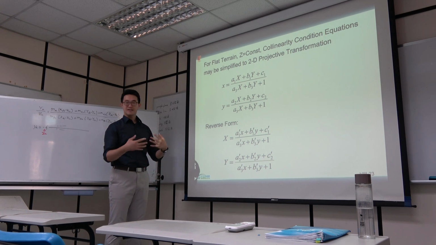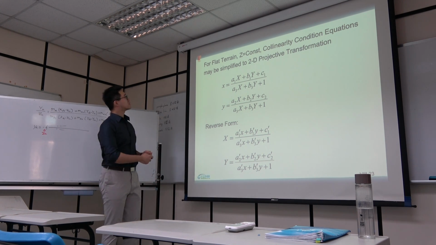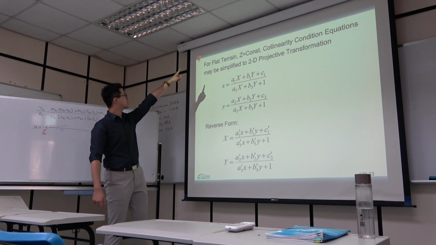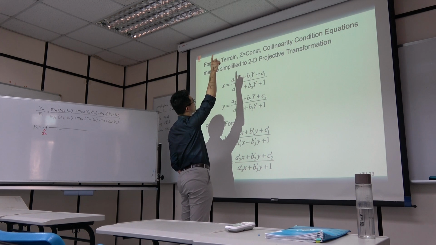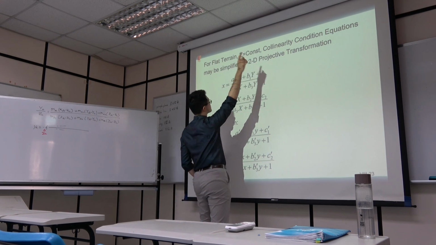So what exactly does the simplification mean? The answer is over here. For flat terrain, the Z is constant.